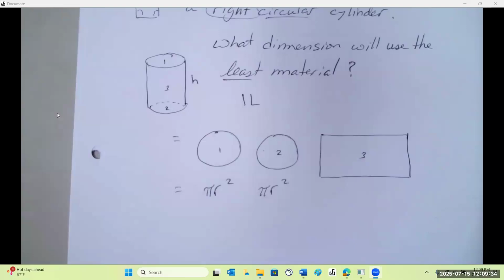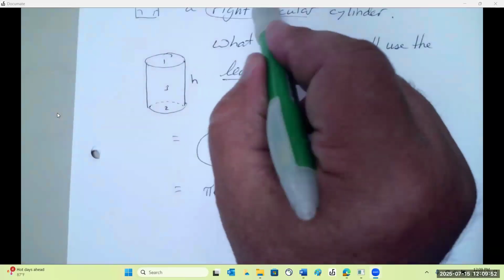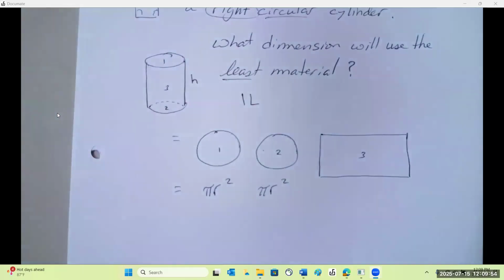Does it say we need to have a can? Now, what's not being stated there correctly, it does say 1 liter can. Cans are usually empty because they have to hold 1 liter worth of material.